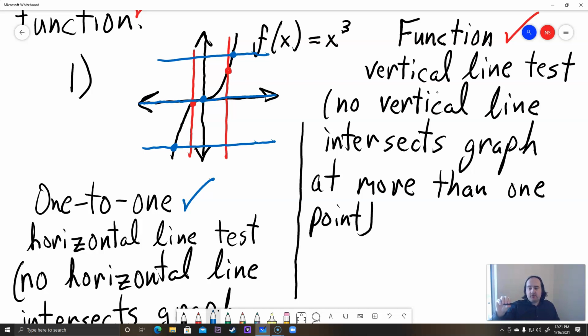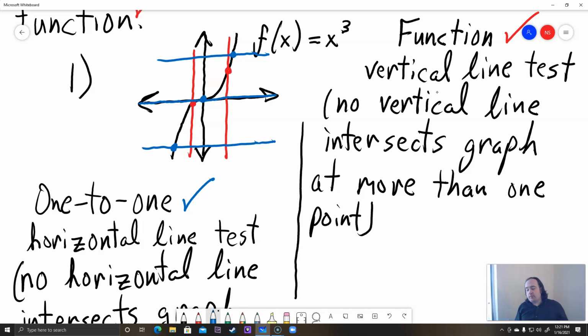And then the same thing for the horizontal line test. So if you hold your pencil horizontally, if your pencil never intersects the graph at more than one point horizontally, then it passes the horizontal line test. And that would mean that it's one-to-one.